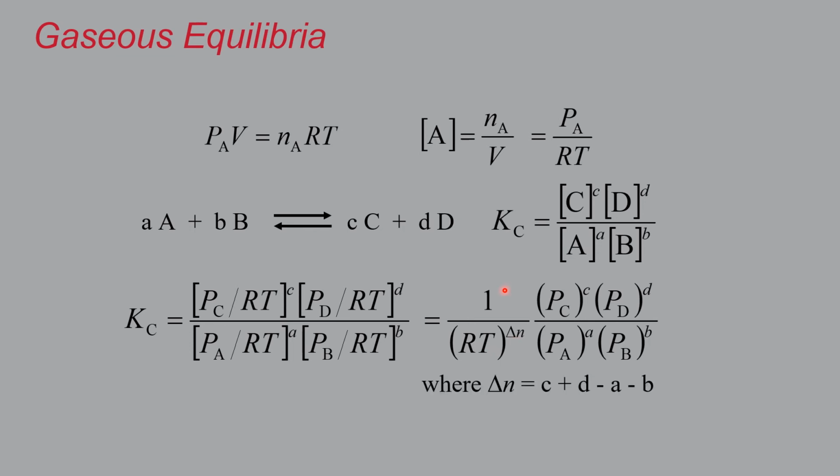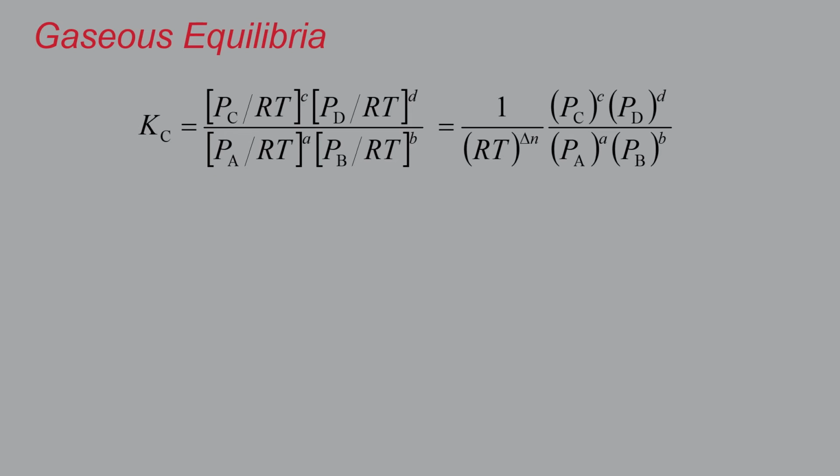And this delta n is just, you add up the numerator exponents and subtract the denominator exponents. So little c plus little d minus little a minus little b. And this gives us the relationship between the values of Kp and Kc for the same system. The important thing is that they're actually not the same, or usually not the same.